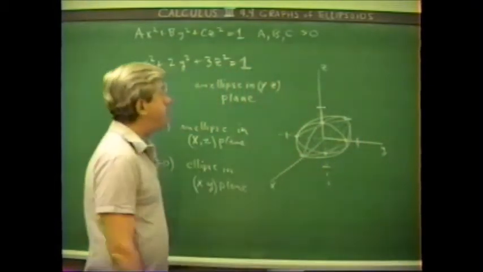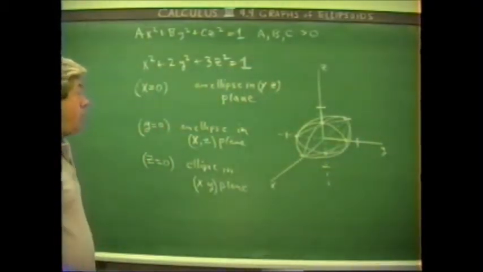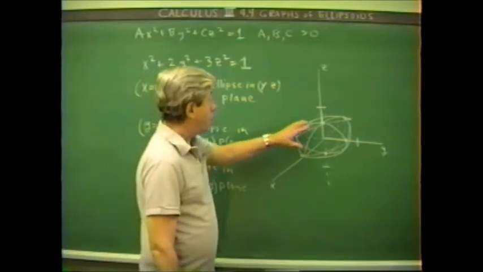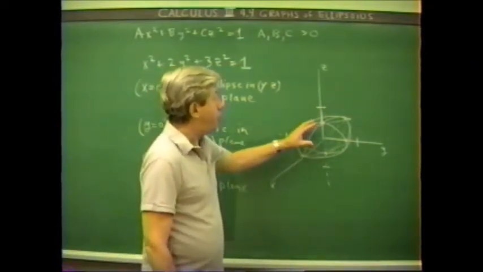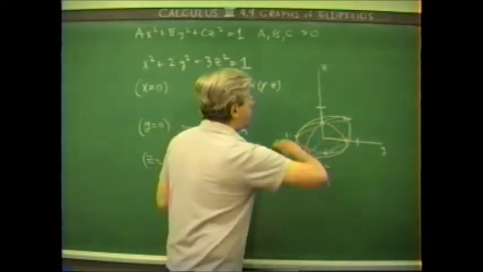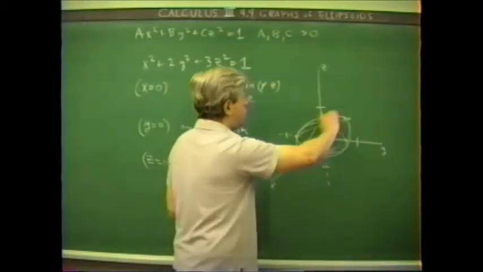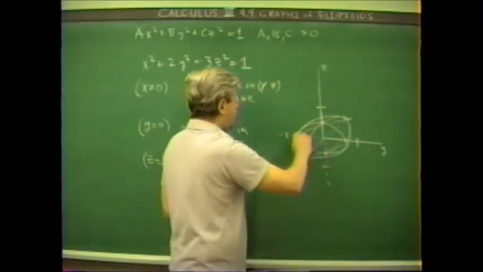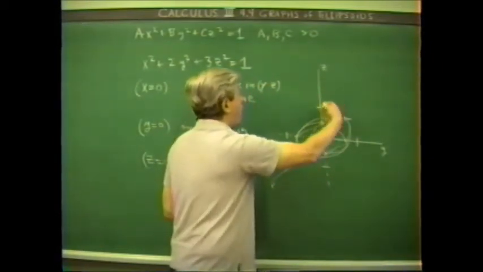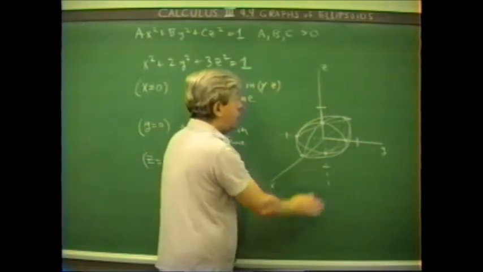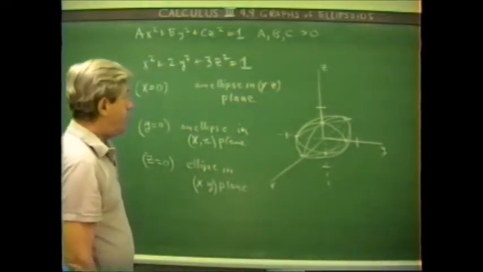It's an object somewhat like a sphere, perhaps more like an egg, but each of its cross sections through the object are ellipses in either the planes parallel to the xy or the yz or the xz plane. You have ellipses here.